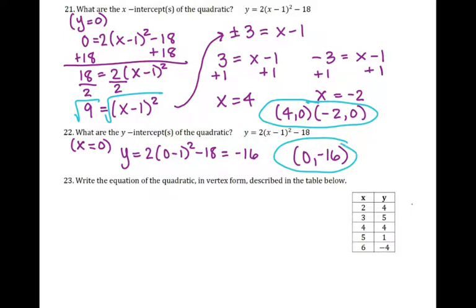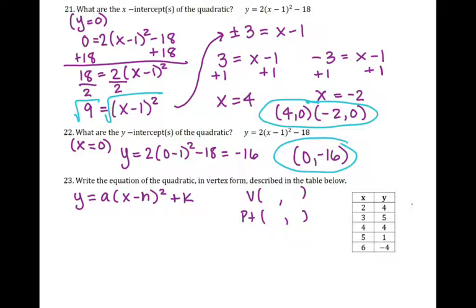Okay, write the equation of the quadratic in vertex form described in the table. I'm going to go ahead and start by writing down my vertex form. y equals a(x minus h) squared plus k. So I need to find two things. I need to figure out what my vertex is, and I'm also going to find a point, just any point in my table.